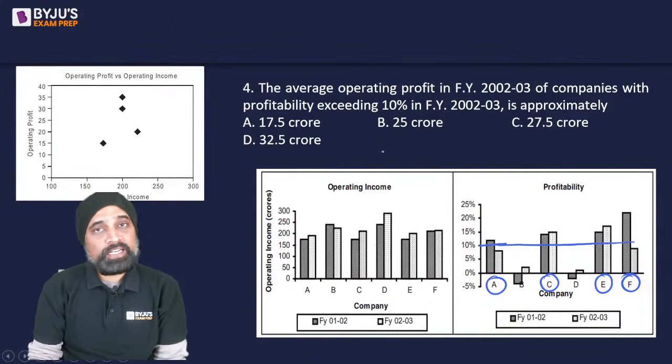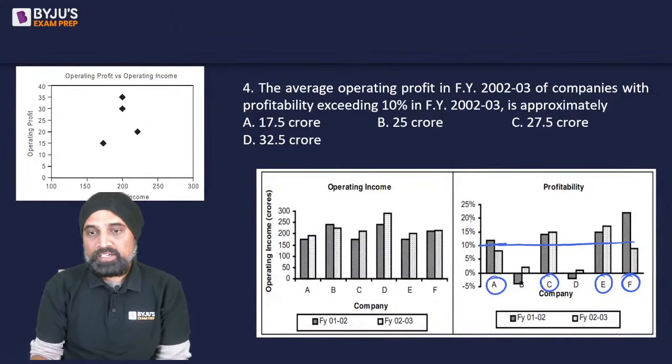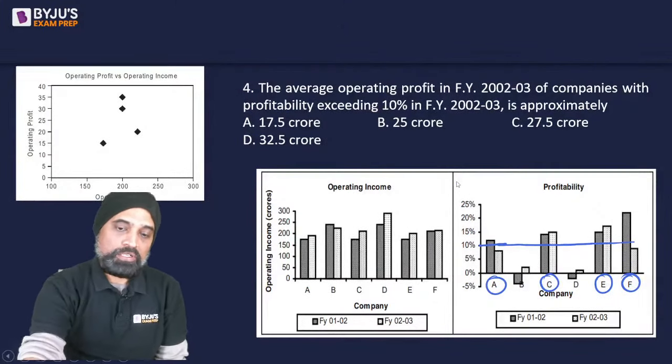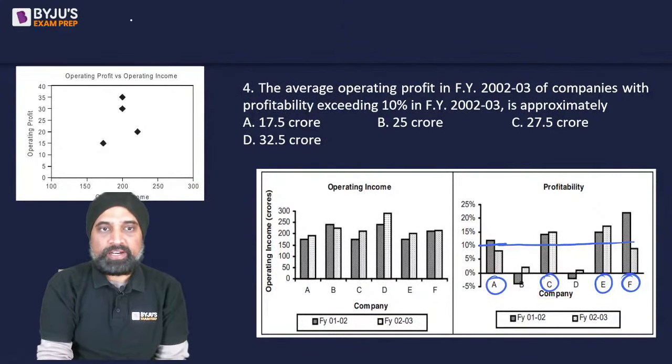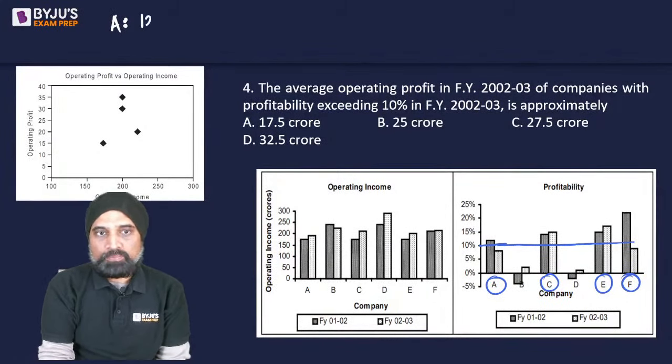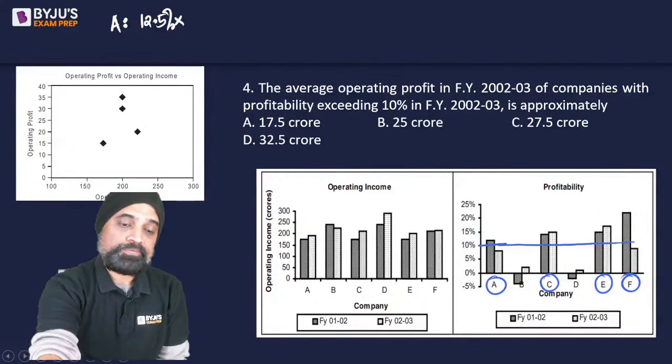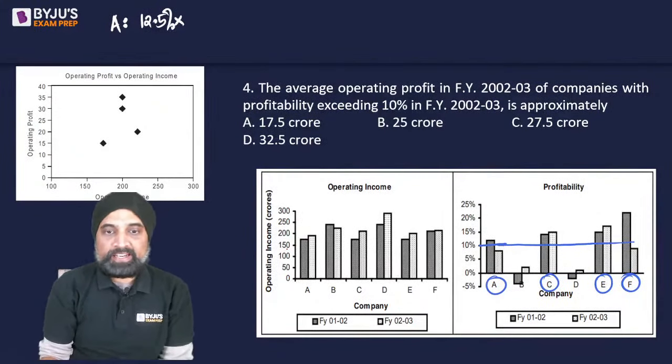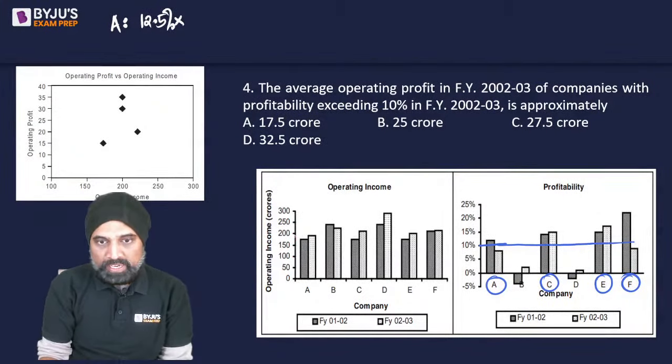Right? And thankfully they have asked us approximately. So we need to find out the average operating profit. So a lot of calculation is required. For company A, we can say that this is 12.5% of its operating income. How much is its operating income? So A is operating income.